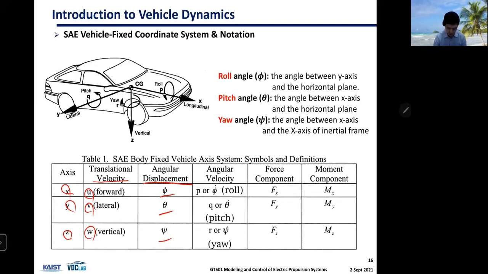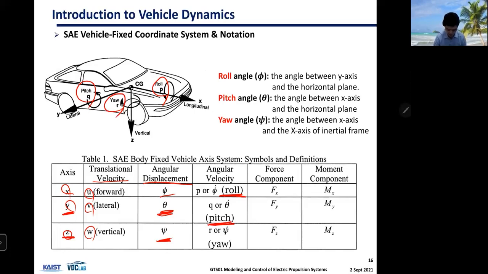And phi is with respect to x, so this is roll motion. And theta is with respect to y axis, so it's a pitch motion. And there's psi, which is rotating about z axis. So that's going to be yaw.